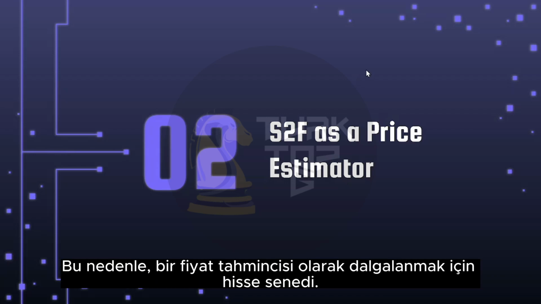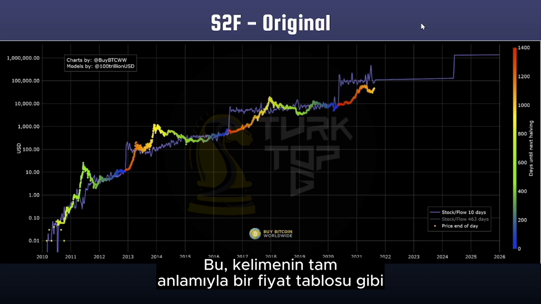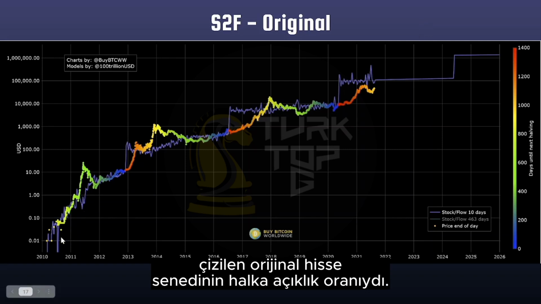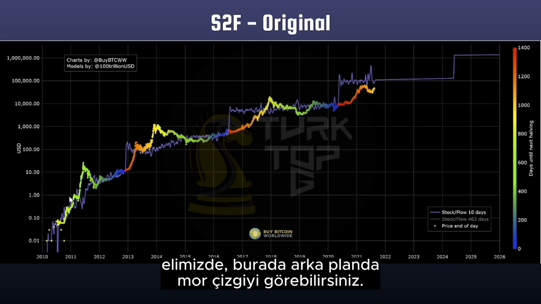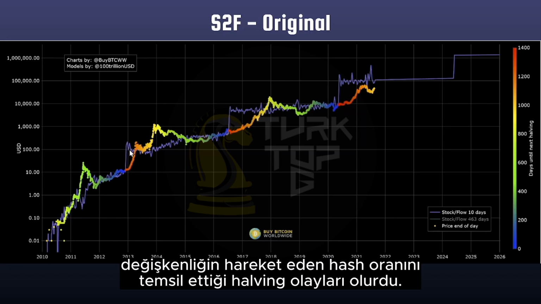So stock to flow as a price estimator. This was the original stock to flow ratio plotted as literally a price chart, where you can see here the purple line in the background. We would have the halving events where the value of the stock to flow would jump up quite quickly, and the variability is representing the hash rate moving around.